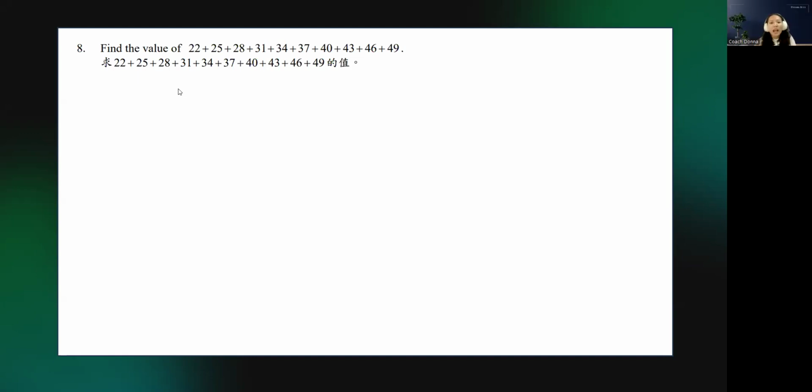Great. So you can do 22 plus 49. Going from the first number to the next, that's being added by 3. This is being added by 3. This is being added by 3.